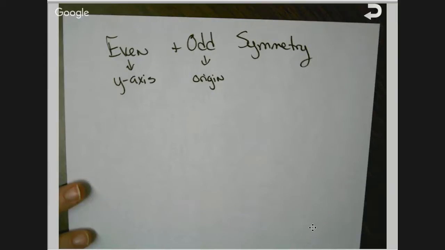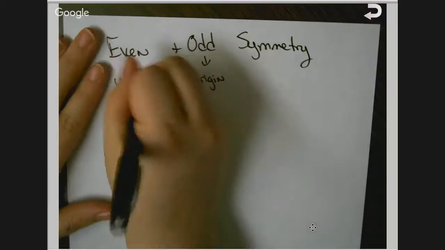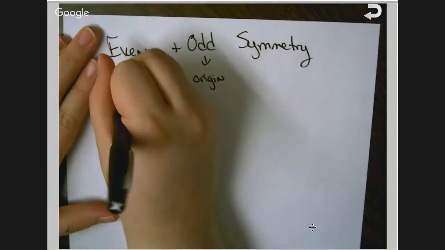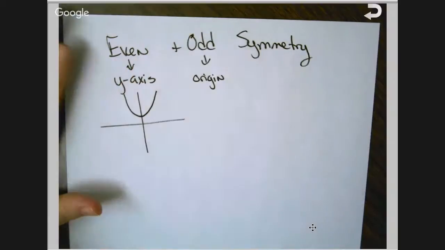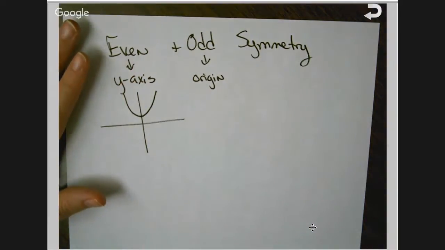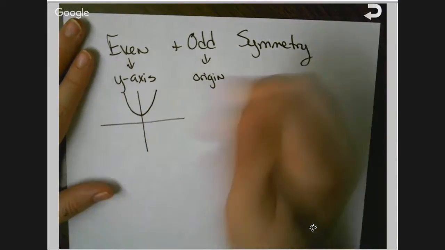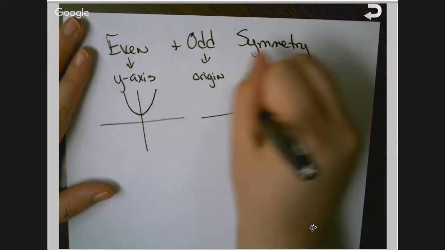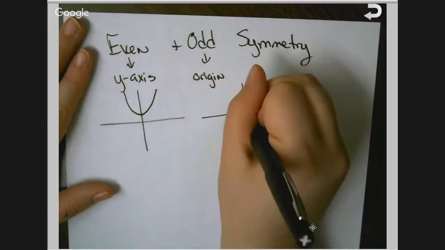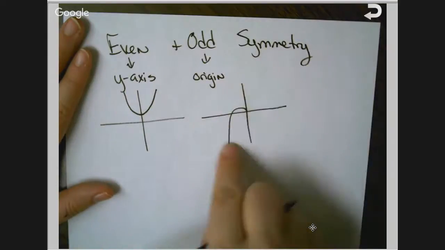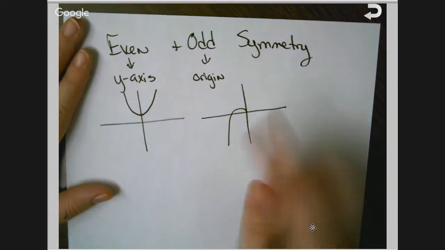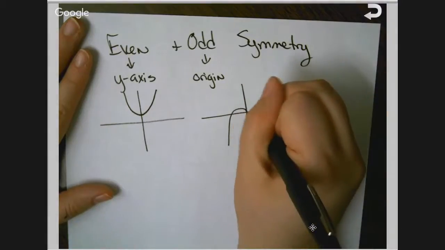Okay. Remember we talked about the y-axis and them being mirror images. That's talking more about your standard parabolas like that. About the origin is a little bit harder to see. Whatever happens on this side of the origin is flipped opposite on the other side.